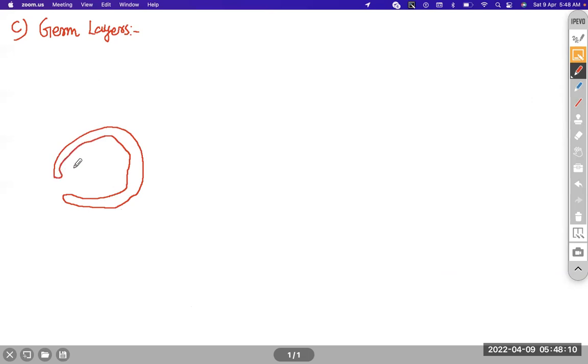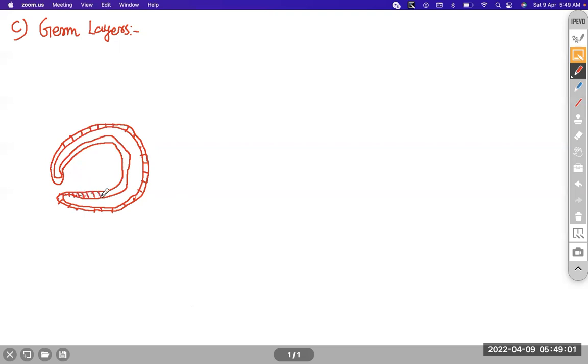And it is double layered. After the formation of this archenteron, these two layers are visible, and this is double layered.